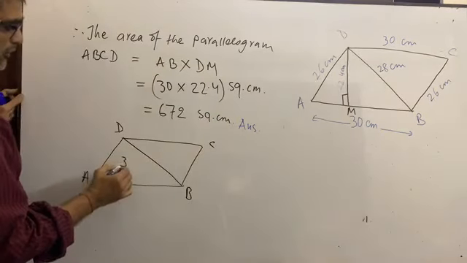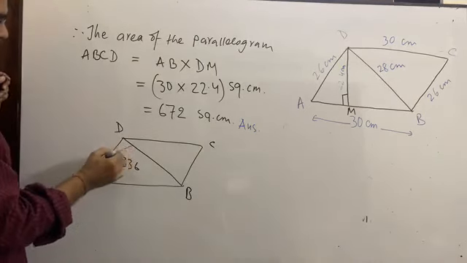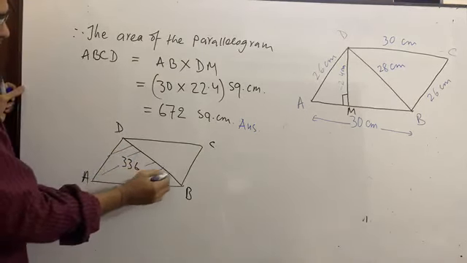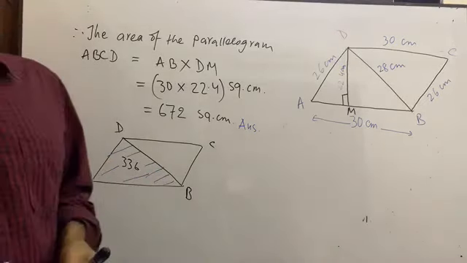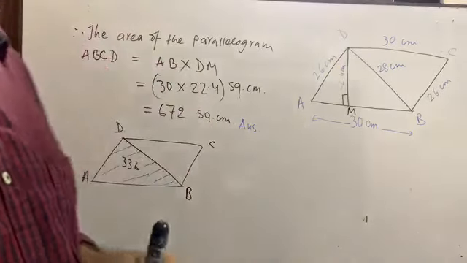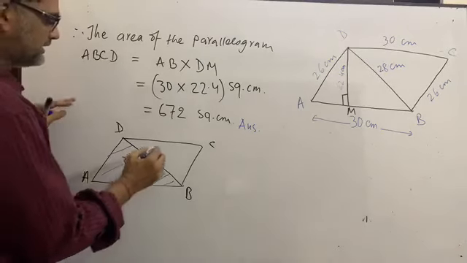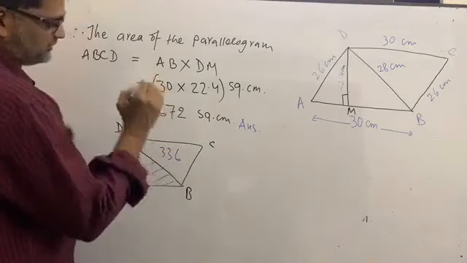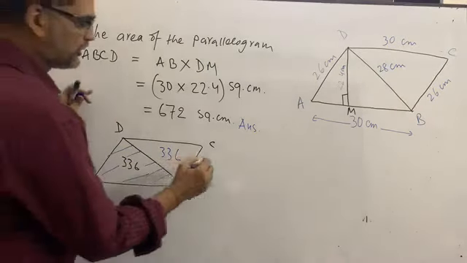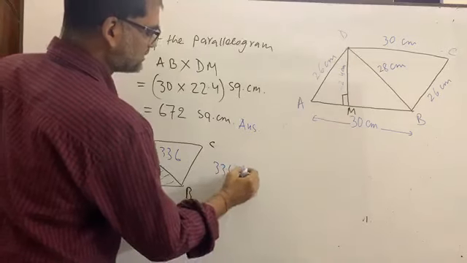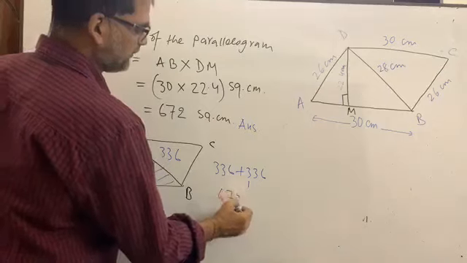And here we have got 336. The area of this triangle was 336. Can you remember? As the diagonal divides the parallelogram into two equal triangular regions, if it is 336, then it is obvious that this is also 336, right? So 336 plus 336 equals to what? 672.